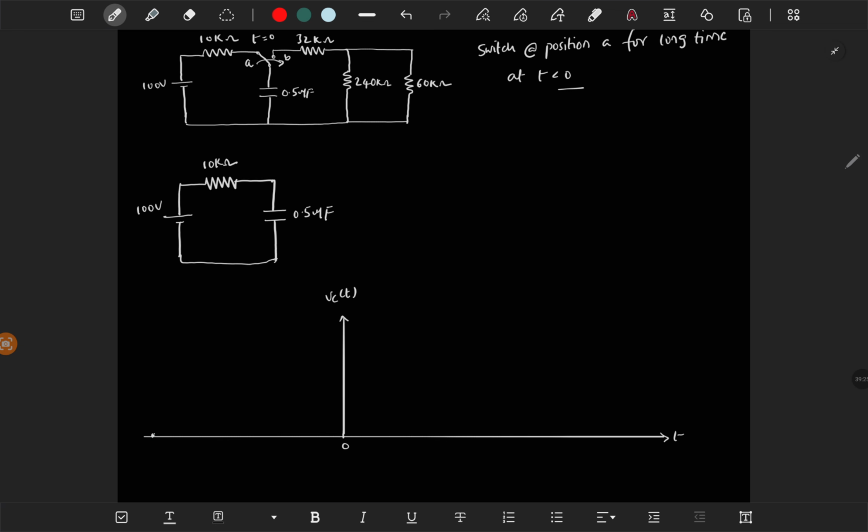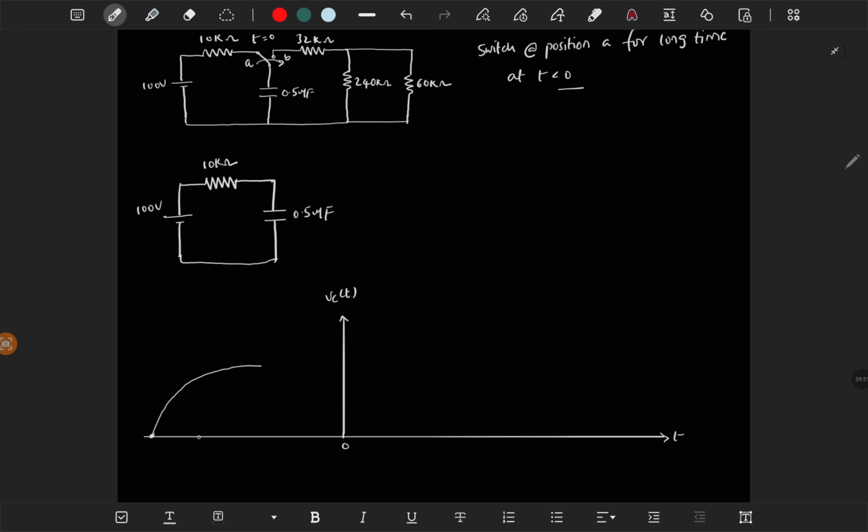So here it was 0 initially, the capacitor voltage was 0, and we have applied 100 volt here. So finally it will be open circuit, so this will charge completely to 100 volt, and there is no resistor divider here and nothing. So it will charge completely to 100 volt, and that will be exponential, from this to 100 volt.